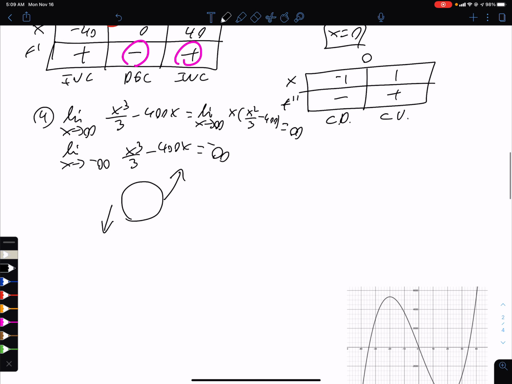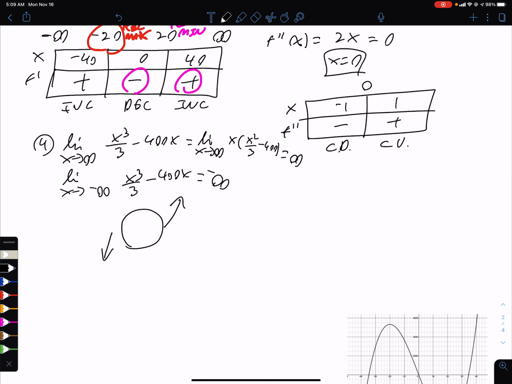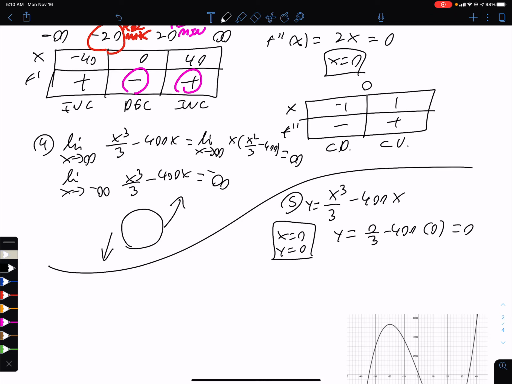x-intercepts and y-intercepts. So if we take our original function, x cubed over 3 minus 400x. If I set x equal to 0, I get y equals 0 over 3 minus 400 times 0. So y equals 0. So when x is 0, y is 0.